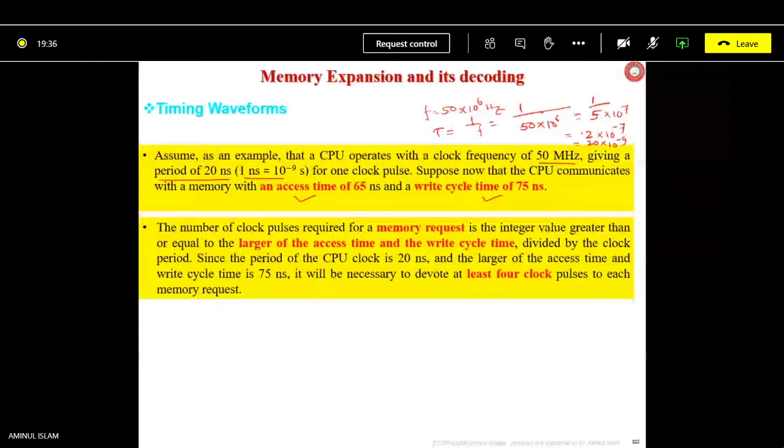Read delay is less compared to the write delay. The number of clock pulses required for a memory request is the integer value greater than or equal to the larger of the access time and write cycle time. That means how many clock pulses will be required for this memory request in this case?